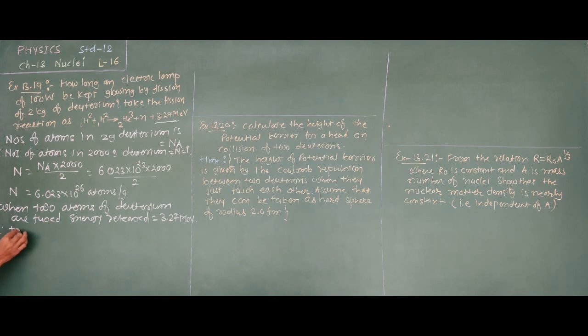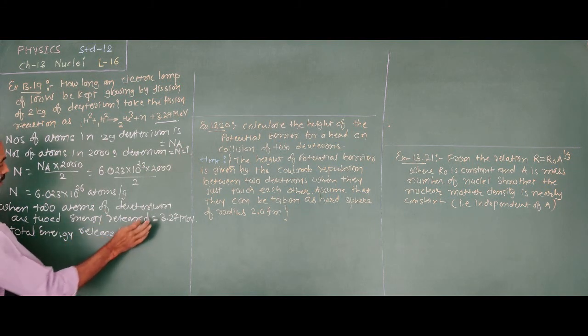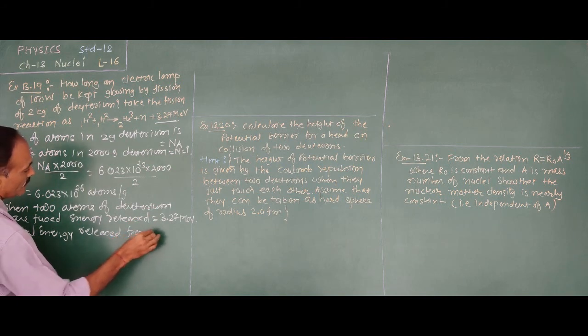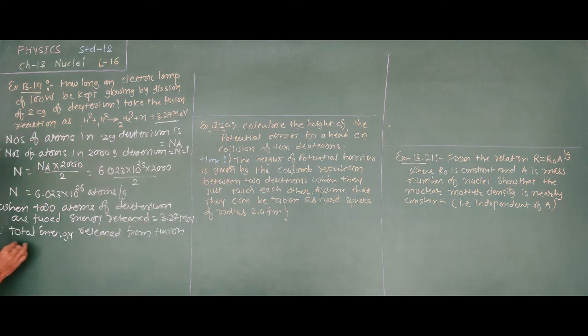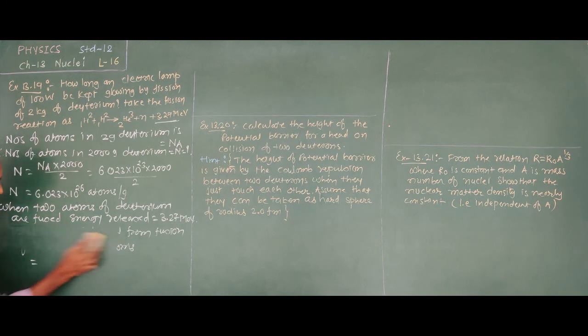Therefore, total energy released from fusion of N deuterium atoms is equal to... there is 3.27 MeV energy released due to the fusion of the two deuterium atoms.